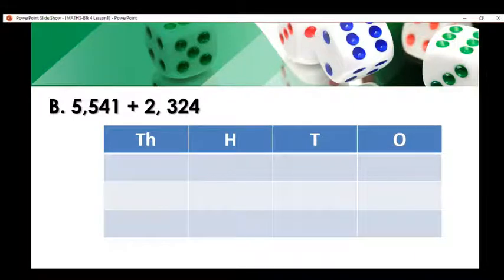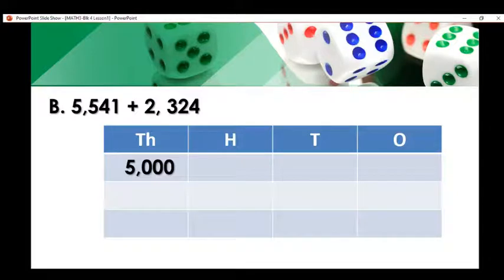So let's start with letter B. We have 5,541 plus 2,324. So we need first to expand them in our place value chart with the thousands, hundreds, tens, and ones. We'll start with our first addend, which is 5,541.